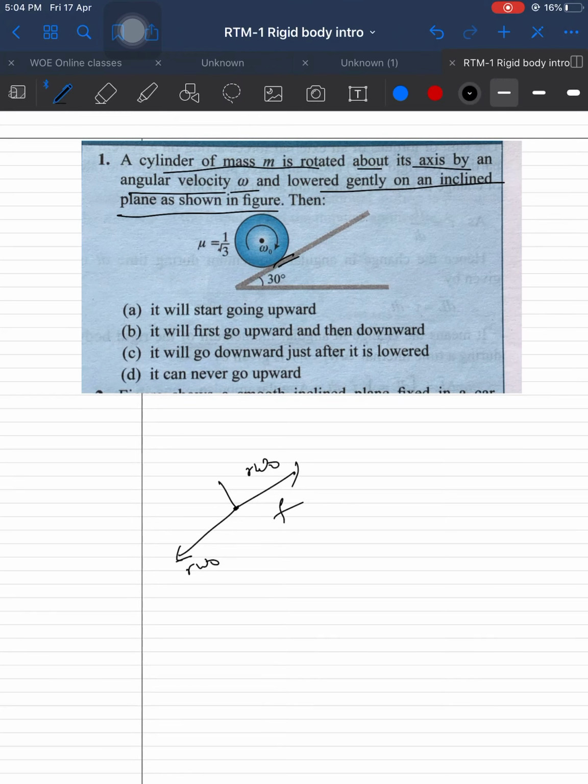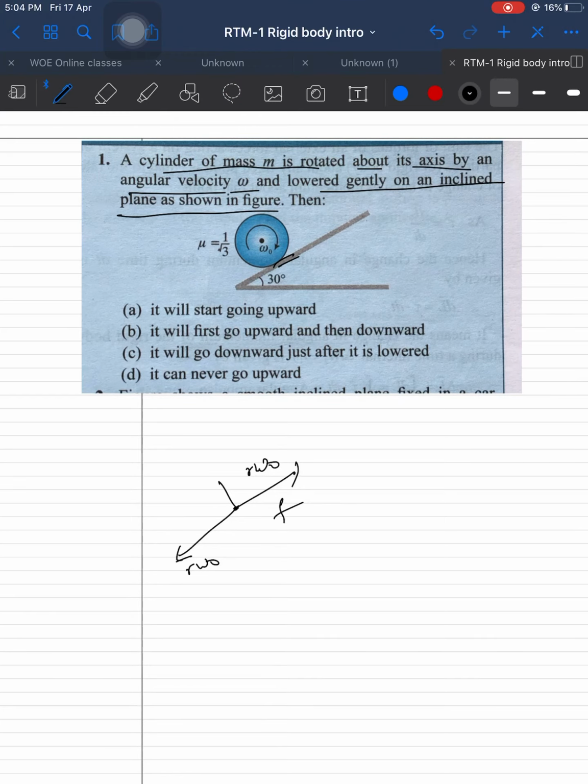First do force balance, net force is equal to ma. So mg sin theta, sin 30 is equal to 1 by 2, so mg by 2, minus friction value, friction is equal to mu, 1 by root 3.